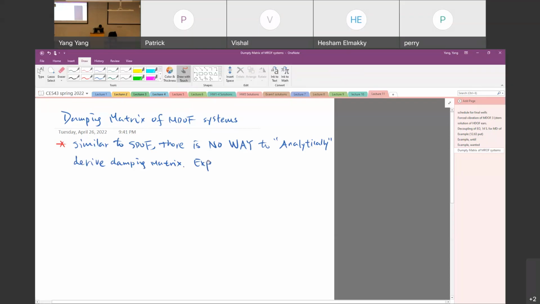Experiment is needed to assess a structure's damping.